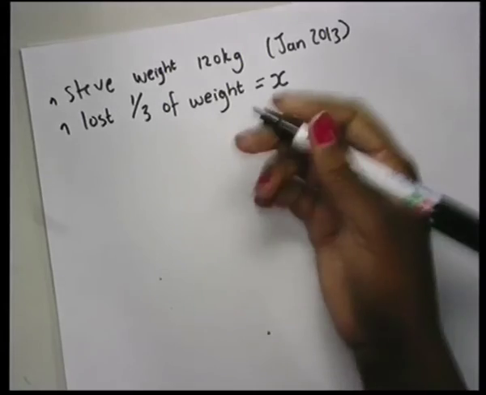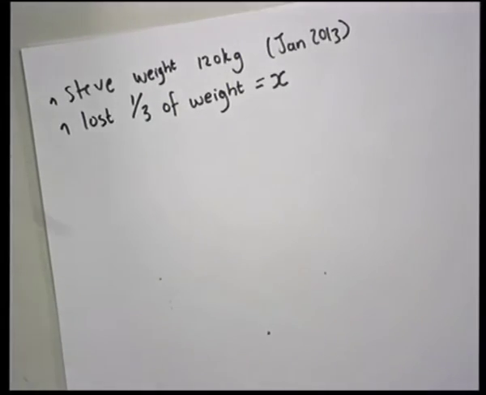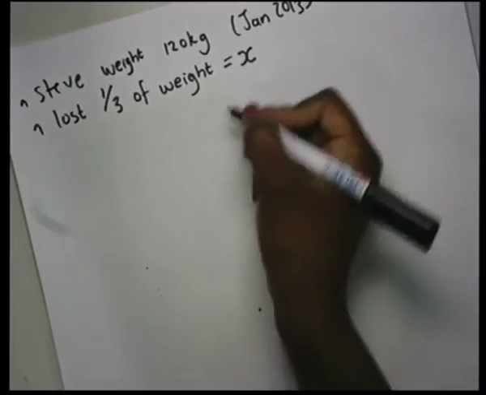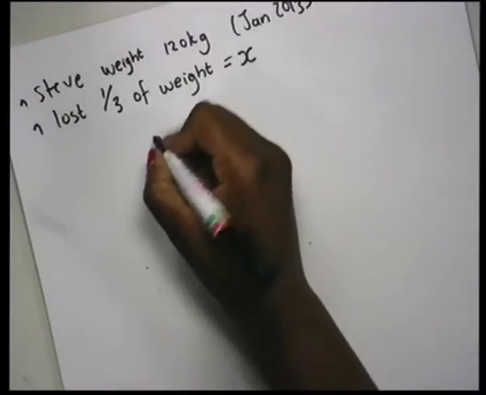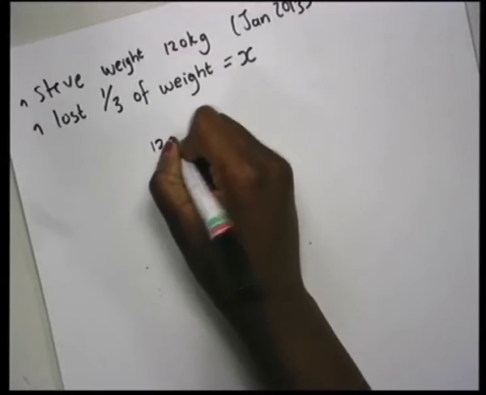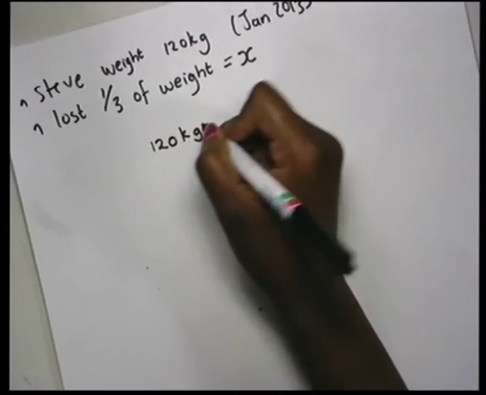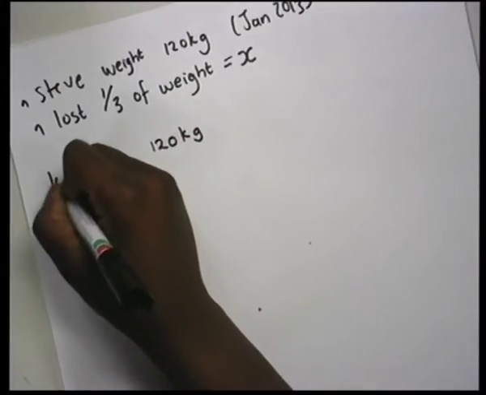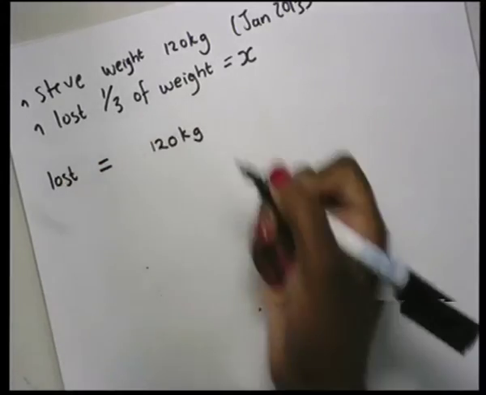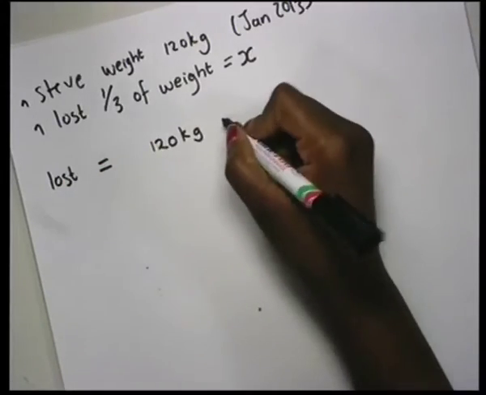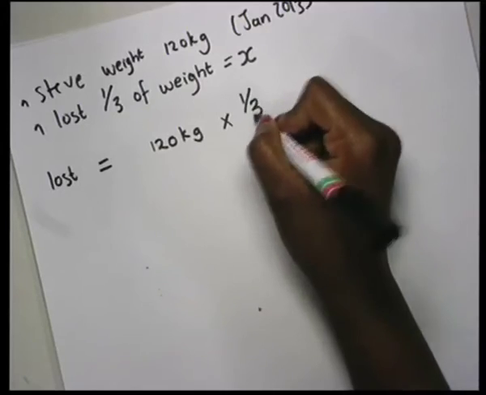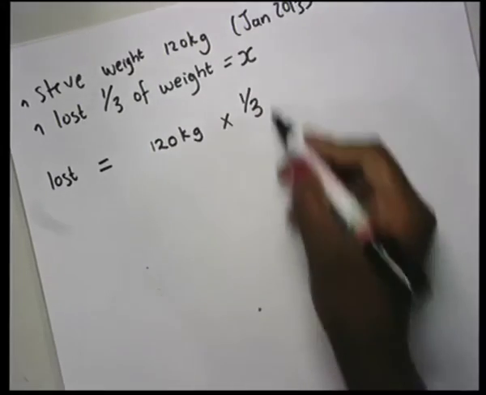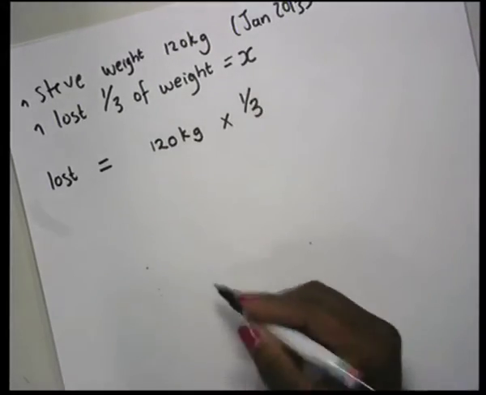So we also use equations with fractions to calculate weight and all other interesting things. In this case, we're going to take his weight as at January, which was 120 kilograms, because we want to compute what he has lost. So it's 120 kilograms times a third of his weight, because a third is what he has lost.